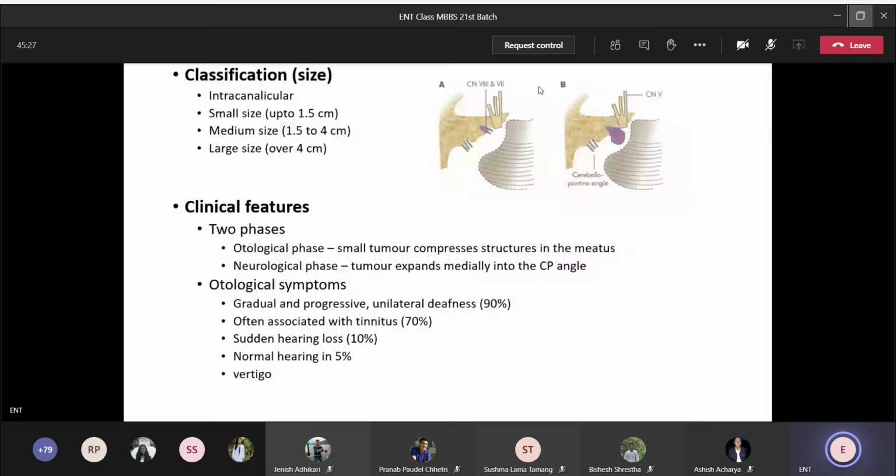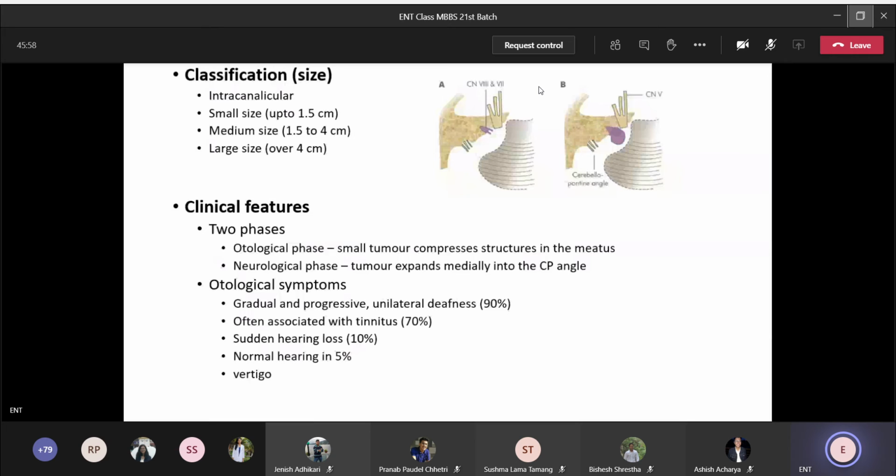If you look at the clinical features, when the patient presents to you, the features are divided into two phases. One is the otological phase, another is the neurological phase. When the tumor is very, very small, it can compress the structures in the meatus, that is the otological phase, and the other one is neurological, when it expands and comes into the CP angle.